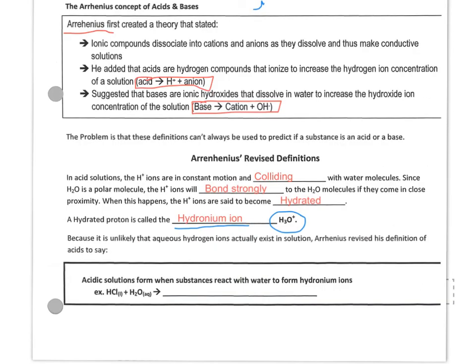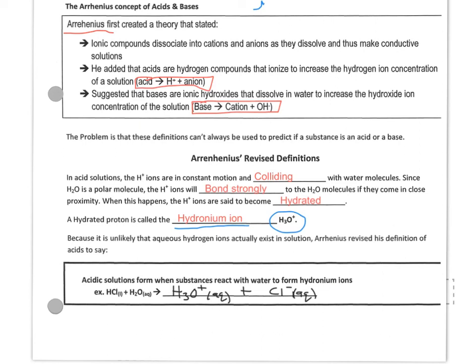But because it's unlikely that hydrogen ions actually exist in a solution, he came up with yet another revised definition, and he says that acidic solutions form when a substance reacts with water to form a hydronium ion. For example, if we have hydrochloric acid reacting with water, it's going to make a hydronium ion and a chloride ion as its products.